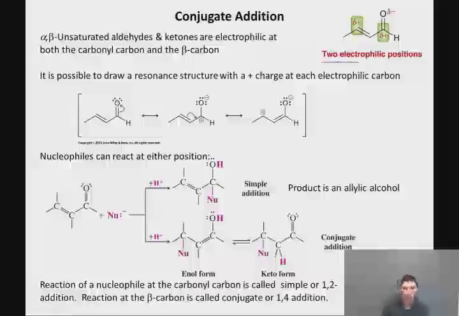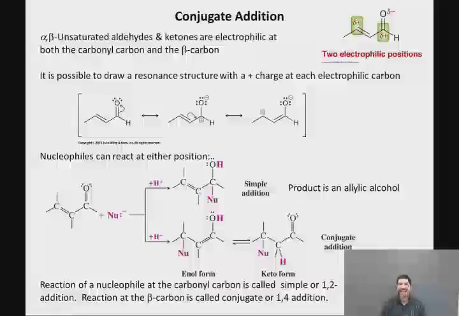However, the other mode of addition is where a nucleophile reacts with the beta carbon and forms a bond to the beta carbon. We're going to look at the mechanism of this in detail in the next slide. But in the end, we end up maintaining the ketone, forming a bond between the nucleophile and the beta carbon, and then forming a C-H bond from the alpha carbon to a hydrogen.